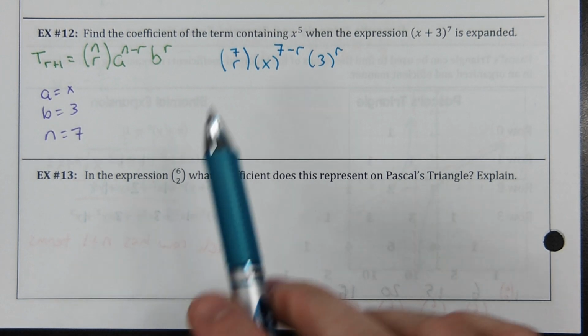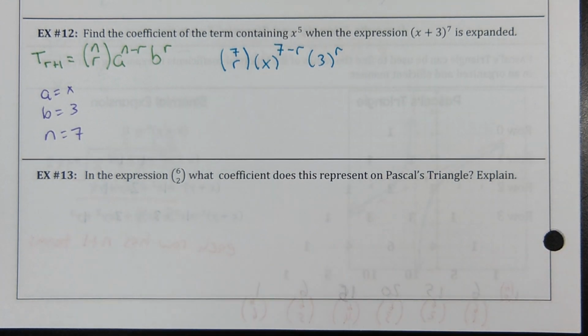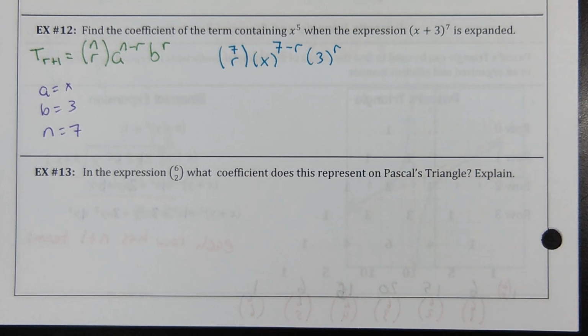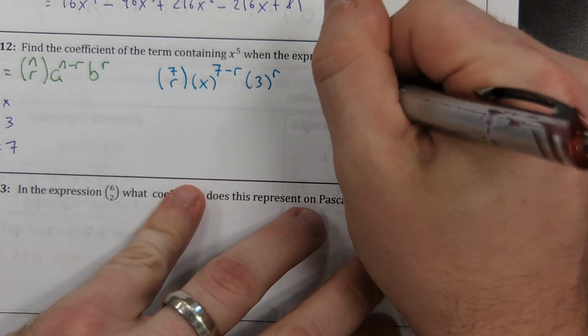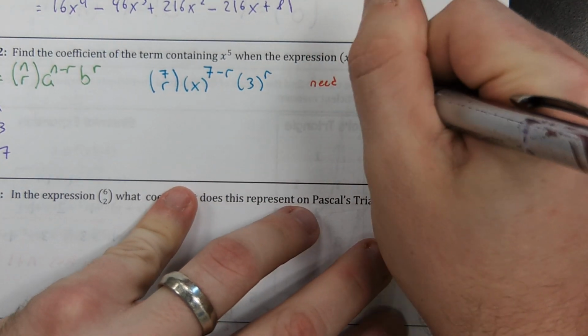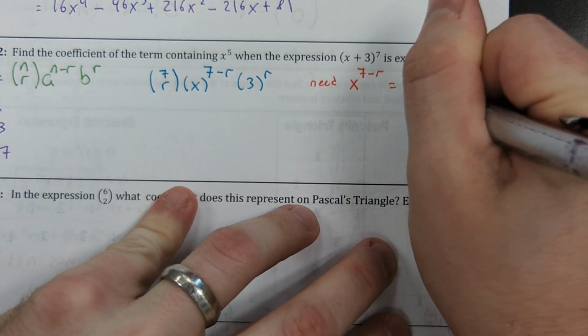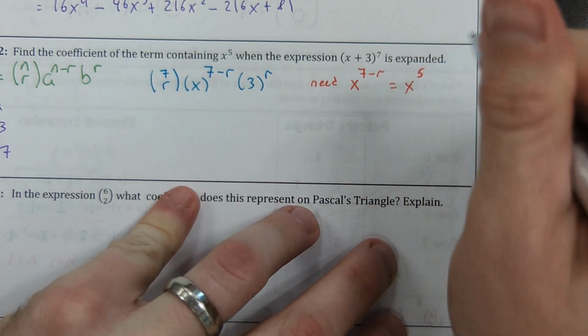We are supposed to be looking for the one that has an x to the fifth in it. Please notice that all of my x's are right here. We need x to the 7 minus r to be equal to x to the fifth.